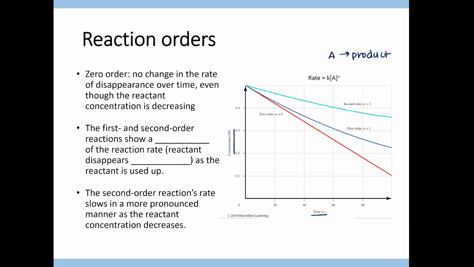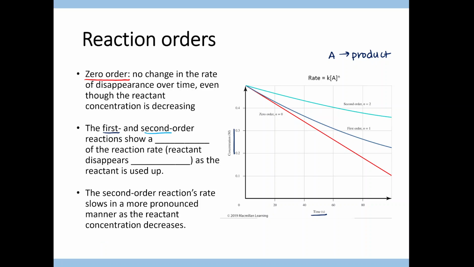So this is not for one chemical reaction. If n equals 0, we have that red line. If n equals 1, it's first order, we have that dark blue line. And then if n equals 2, we have a second order reaction, which is the light blue.